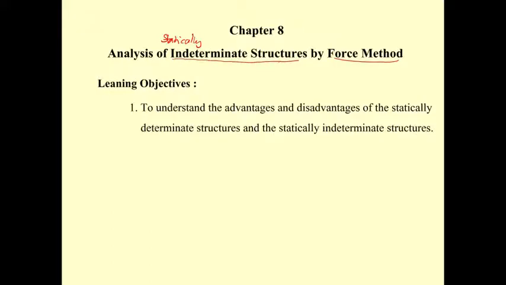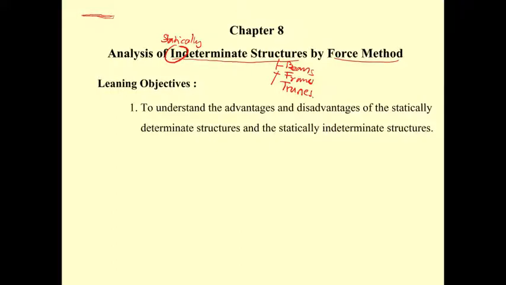The structures we are going to talk about are beams, frames, and trusses. A statically indeterminate structure cannot be solved using only the equations of equilibrium.